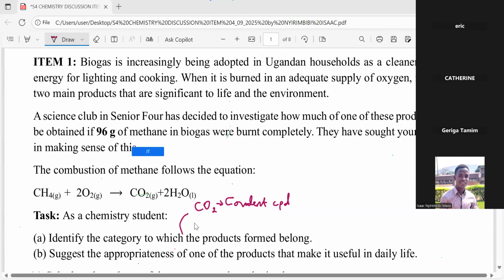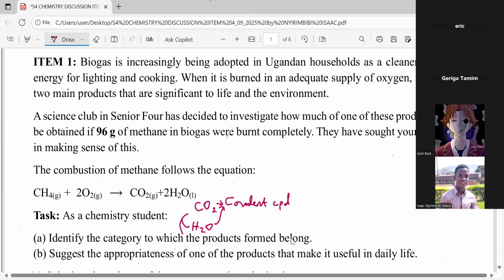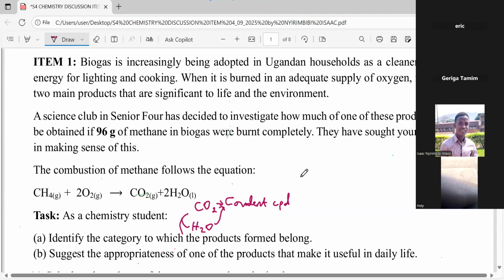Carbon dioxide and water. Okay, so you're saying even water is a covalent compound. Okay, thank you. And the reason is still the same, that they are formed by sharing of electrons between non-metals. But there's another person with a different answer here.